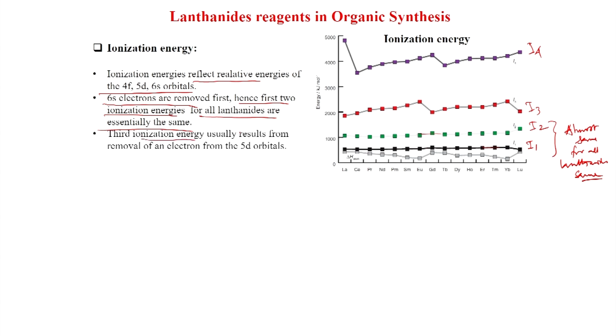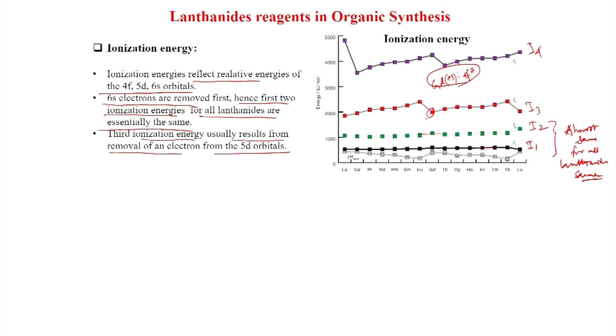Now, the third ionization energy usually results from removal of an electron from the 5d orbitals, and you can see there is a difference. So, it is not linear, and this is more stable, because this is gadolinium +3, which is 4f7, half filled. So it is the stability of the ion that tells the ionization energy.